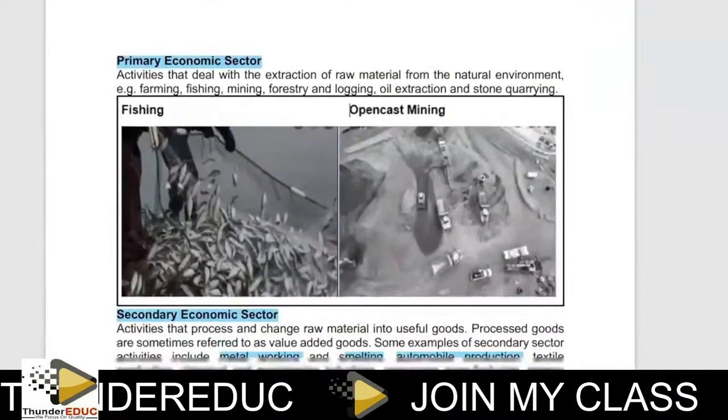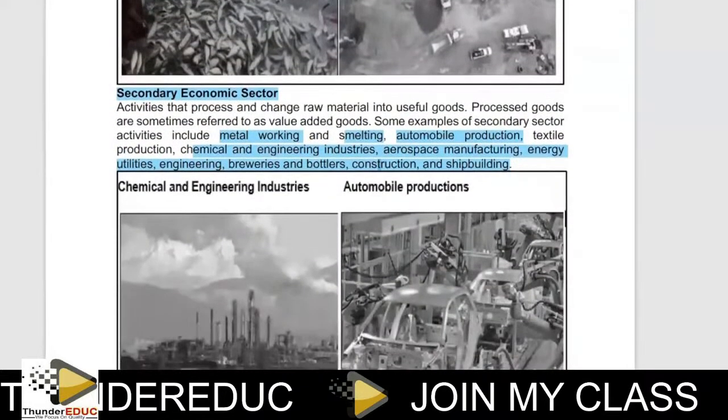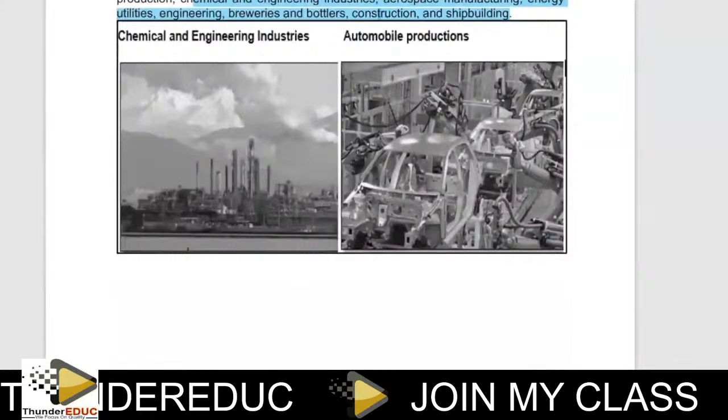I also want to use another example. Sugar is a product that you get from sugarcane. Sugarcane, when it is still in the farm, when you're in the farm, you're cultivating, all the activity is primary. So that sugarcane is then squeezed.